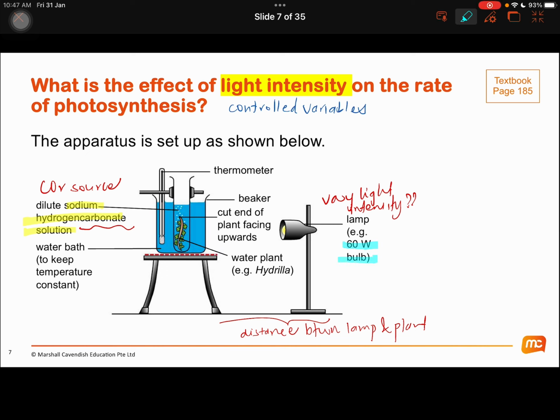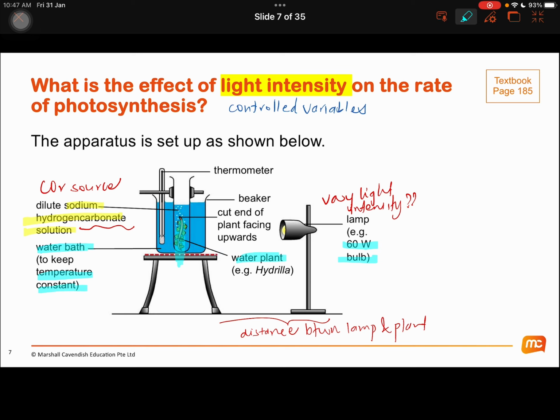Firstly, the intensity of the lamp, the brightness of the lamp, should be kept constant so that when you vary the distance, it helps to vary the light intensity. The type of lamp as well should be kept constant. The type of plant should be kept constant, and also the temperature should be kept constant with a water bath.